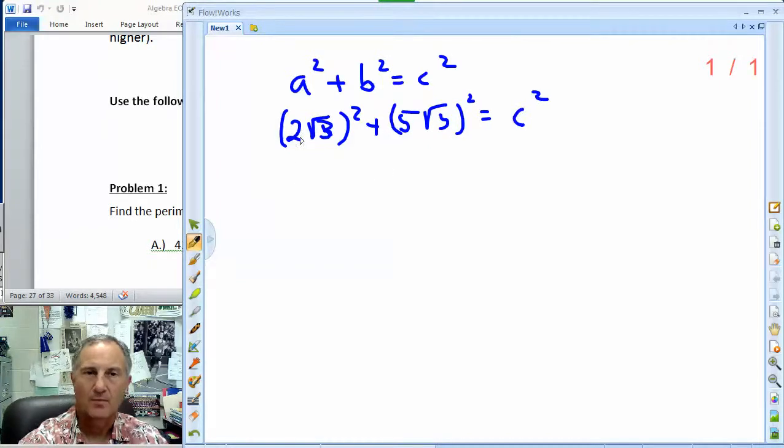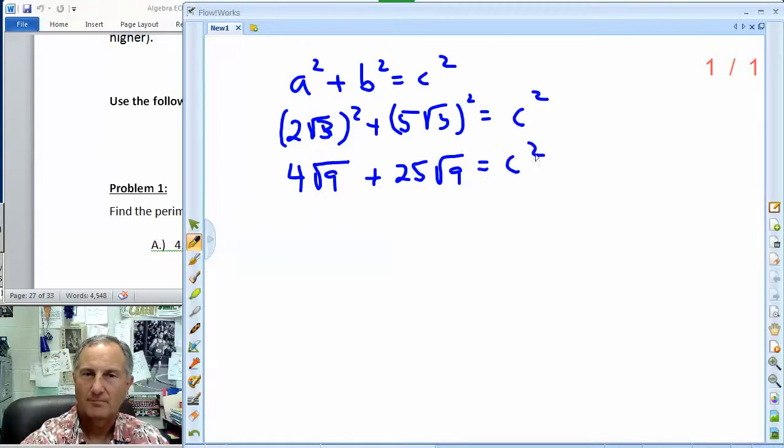That's my diagonal. Well, 2 square root of 3 times 2 square root of 3, that's 2 times 2 is 4. Square root of 3 times the square root of 3 is 9. 5 times 5 is 25. Again, we're going to get 9 inside the radical. So right there we've got square root of 9 is 3. 3 times 4 is 12. Again, 3 times 25 is 75.